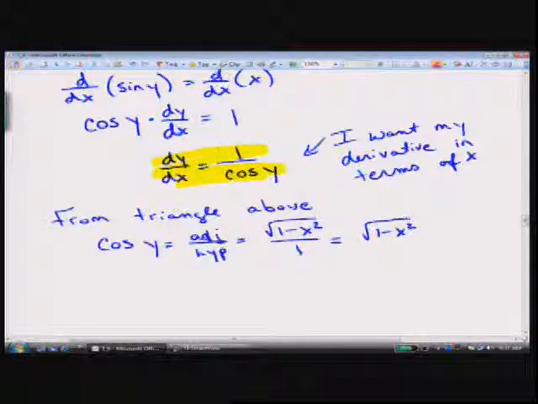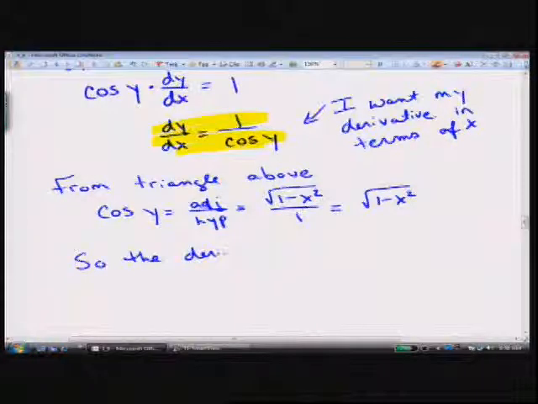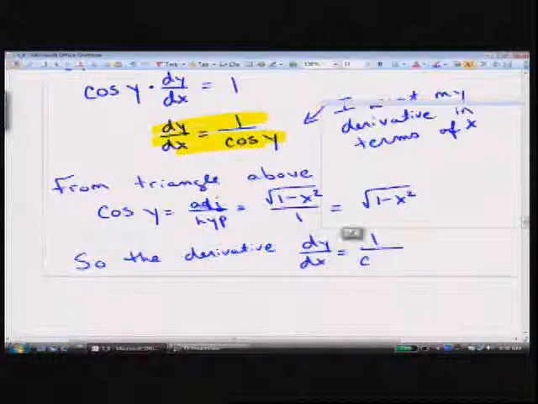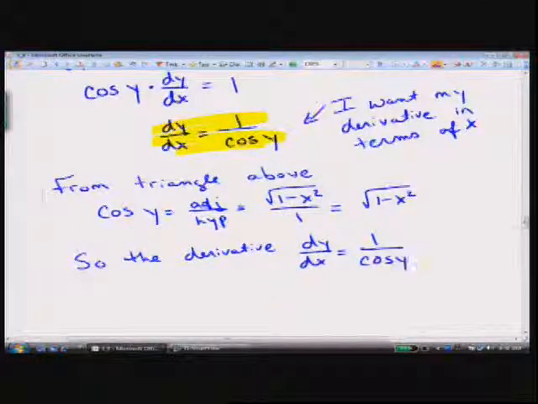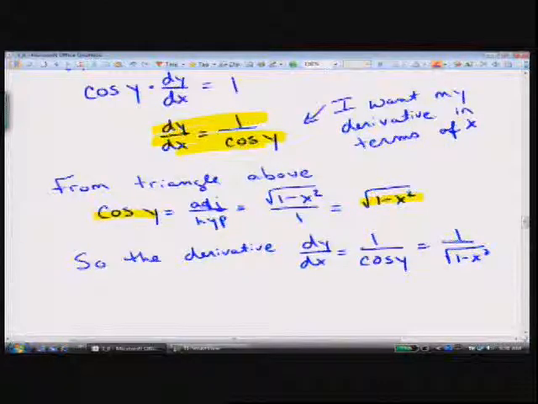So my derivative, which is dy dx, instead of 1 over cosine y, I can say what cosine y is. I just determined that the cosine of y was the square root of 1 minus x squared, so that's what I'll put here. And that is the derivative of inverse sine x.